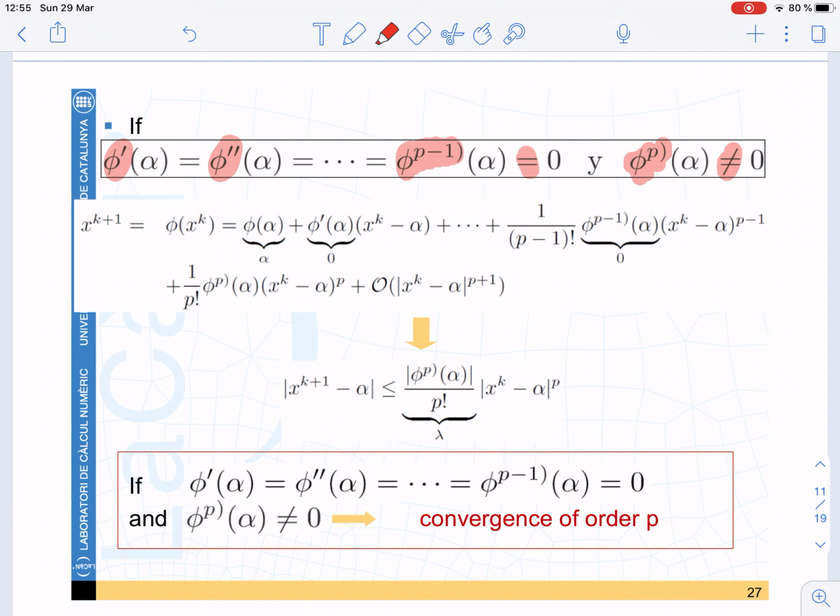Well, in this case, we need to invoke more terms of the Taylor expansion, and we end up concluding that xk plus 1 and xk are bounded like this. In other words, we conclude that in such a scenario, the iterative method has convergence of order p.